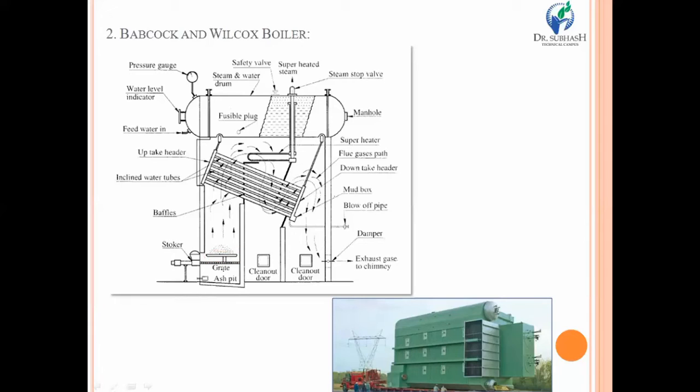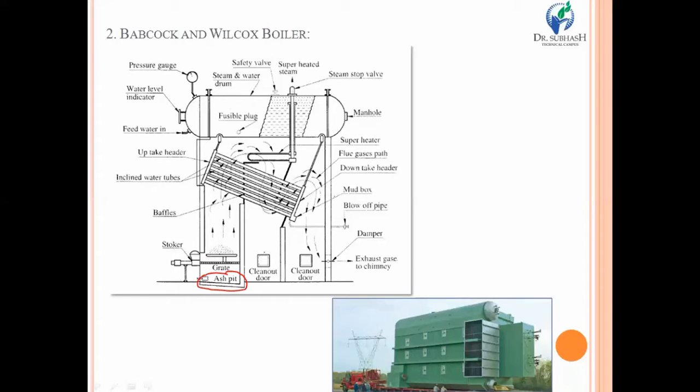Now, exactly below the grate, there is an ash pit. Whatever combustion is taking place, and due to that the ash formed, by gravitational force it will fall into these plates. That is why whatever ash is formed is collected in a particular space known as the ash pit, and from the ash pit it will be removed to other places.